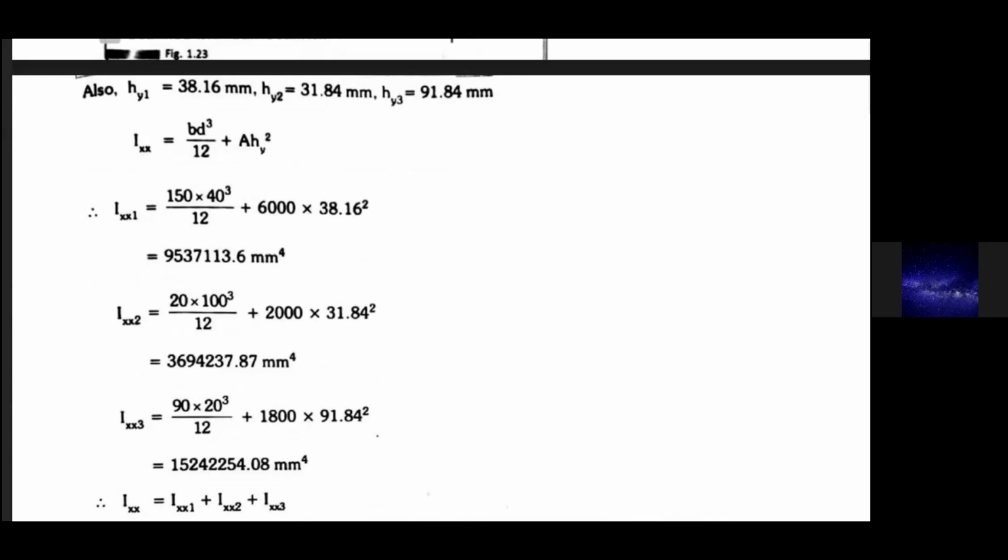That is 90 into 20 cube by 12 plus 1800 into 91.84 whole square. So after calculating Ixx1, Ixx2, Ixx3, finally the moment of inertia of the composite section Ixx is equal to Ixx1 plus Ixx2 plus Ixx3. So substitute the values and we will get Ixx.